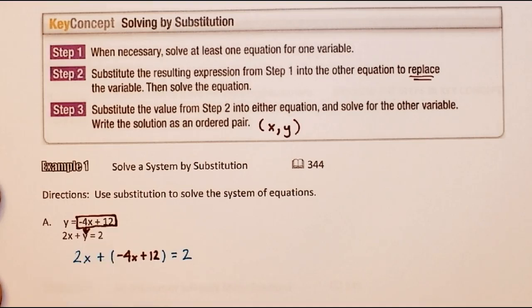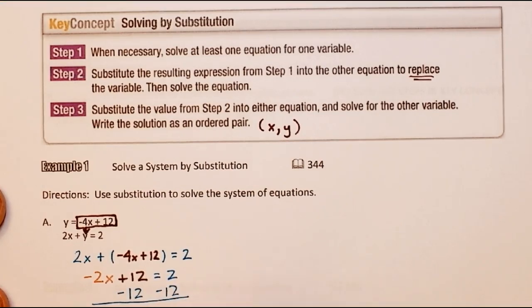So simplifying here, I have 2x plus negative 4x. That's going to give me negative 2x. I still have this plus 12, and it is all equal to 2. In order to get x by itself, I first want to get rid of this plus 12 by subtracting it from both sides.